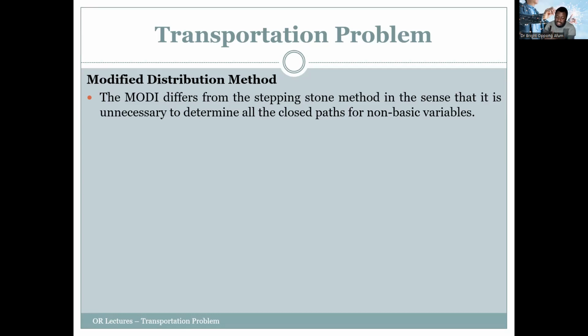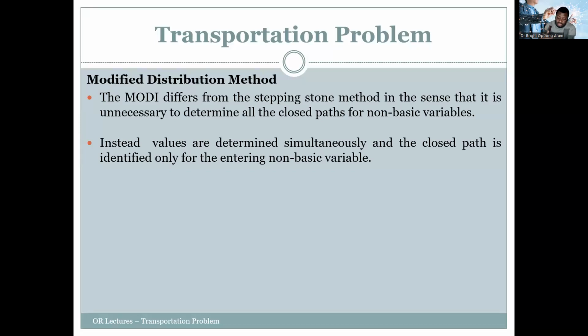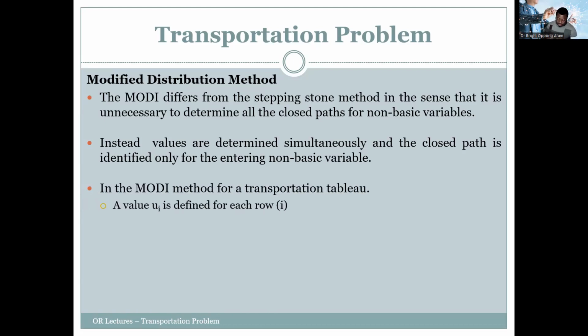However, in the modified distribution method, instead of evaluating all of them, we determine the closed path by defining values associated with each cell in the row and also each cell in a column.